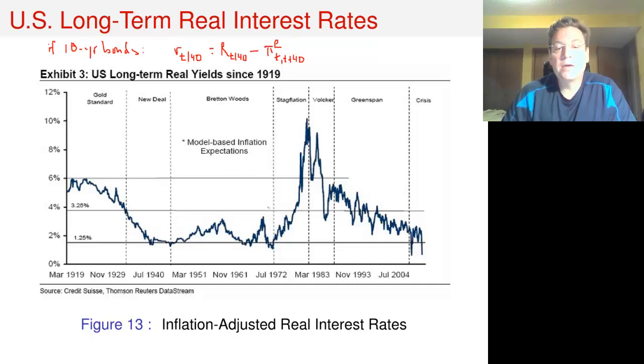But nonetheless, the pattern is largely similar, and that is that in the 70s, we had long-term real interest rates that were low by historical standards, just as they have been low by historical standards during the financial crisis. Then they started to rise, and during the Volcker era, long-term real interest rates were higher than normal, and then they've sort of gradually fell until they became very low during this crisis.